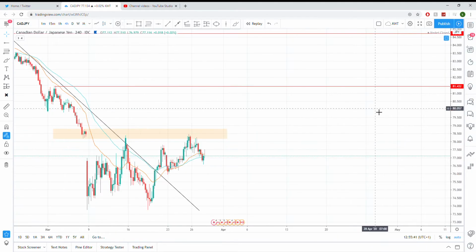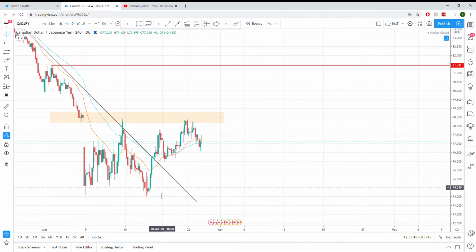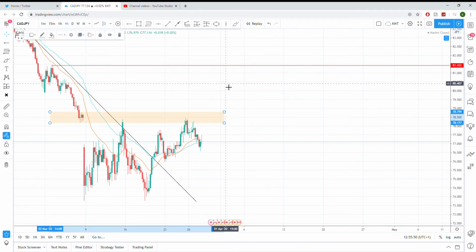So moving on to Canadian dollar, Japanese yen. As we can see, we are looking at a potential move around in this area. I do believe that this market is potentially bullish, breaking our new high. So this is at 78.177 to 78.799.